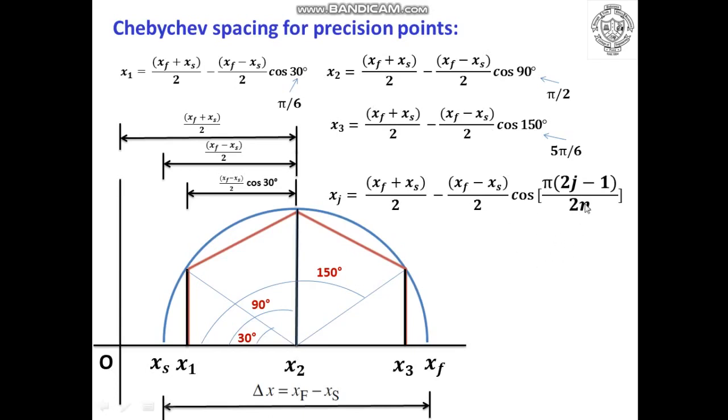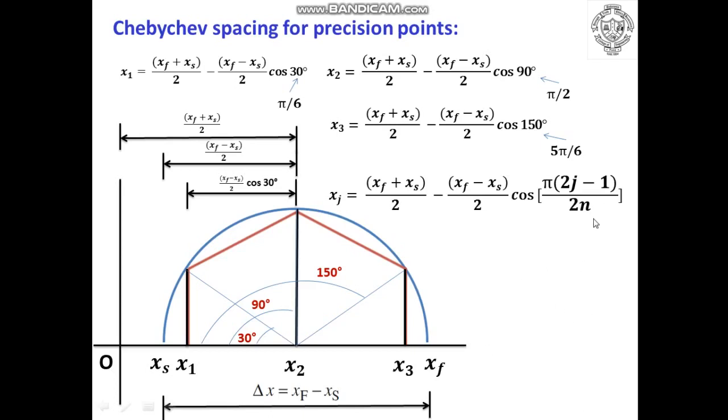Just try to understand how it has been transformed into another form. It is written as cos pi into 2j minus 1 divided by 2 into n, where j is the precision point starting from 1, 2, 3 and so on, and n is considered as the number of precision points.